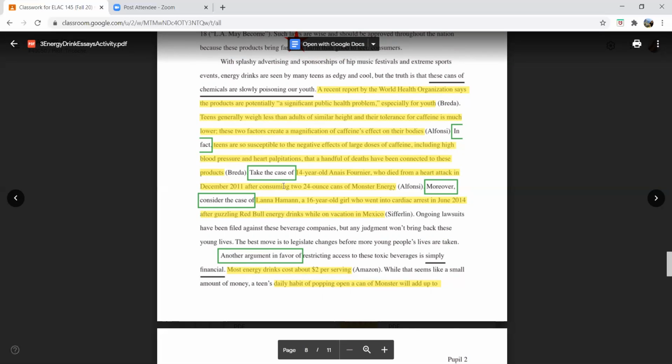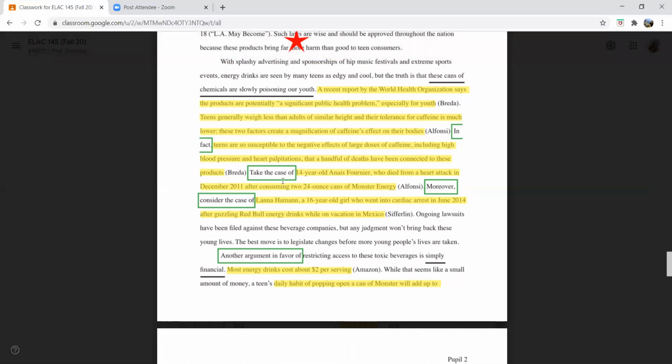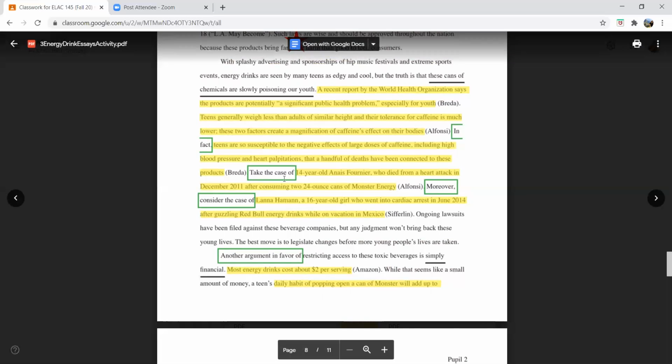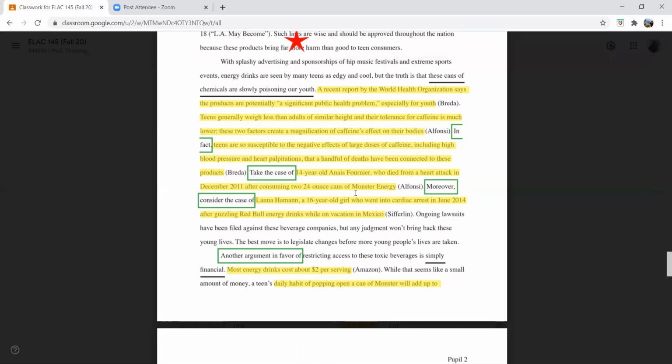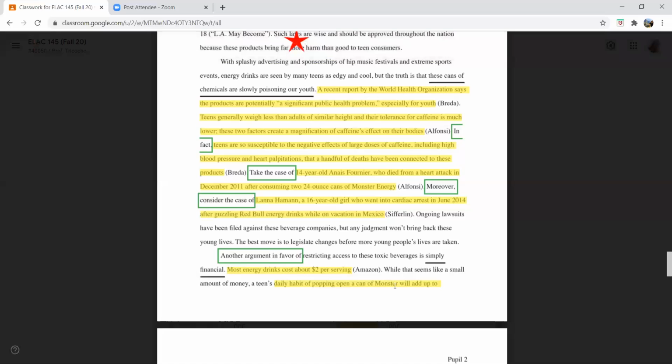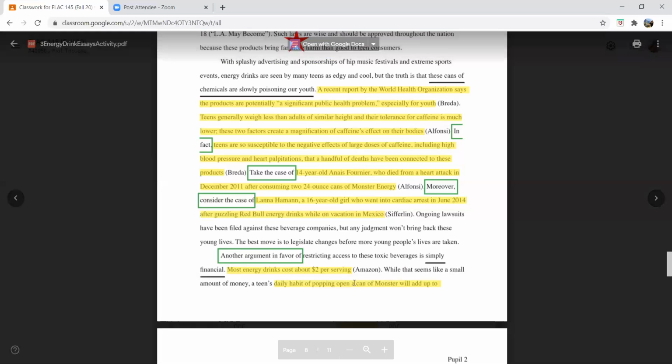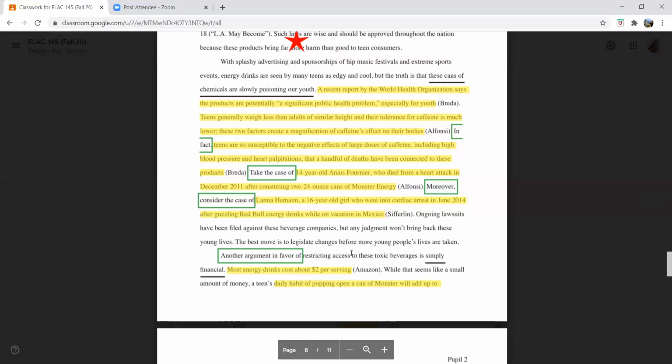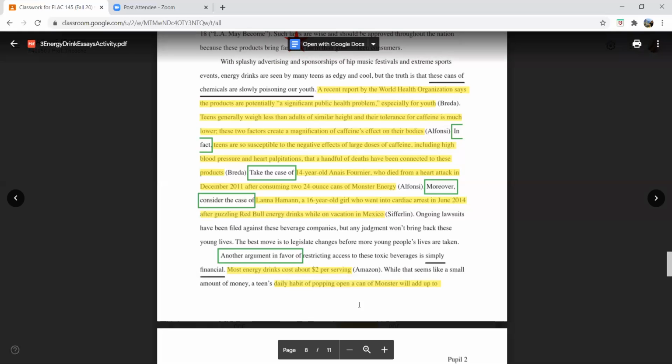So they're using these transitions and these sentence templates to introduce the they say, other people's ideas, to then do the I say. They say energy drinks cost $2 on Amazon. I say it seems like a small amount of money, but it's expensive if you add up the price over time.